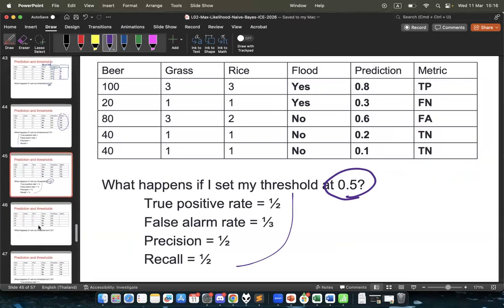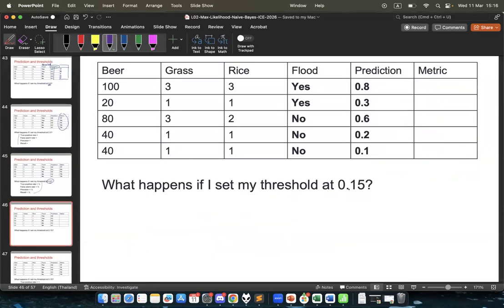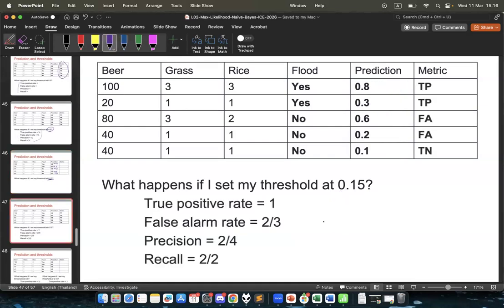If I change the threshold, let's say, now change my threshold to 0.15, what happens? So here I will predict yes, yes, yes, yes, predict no. My prediction changes, and since my prediction changes, my metrics will also change.